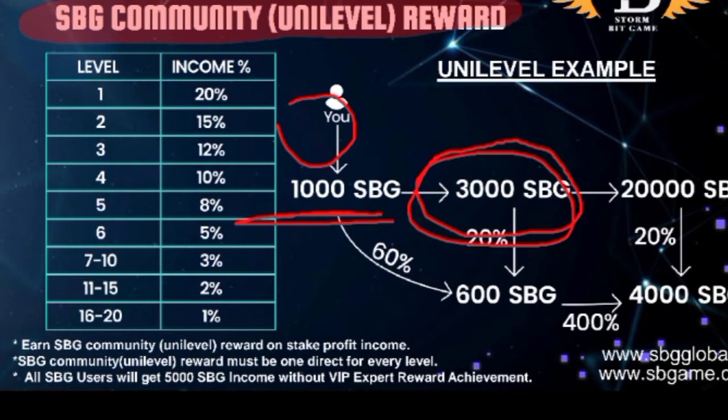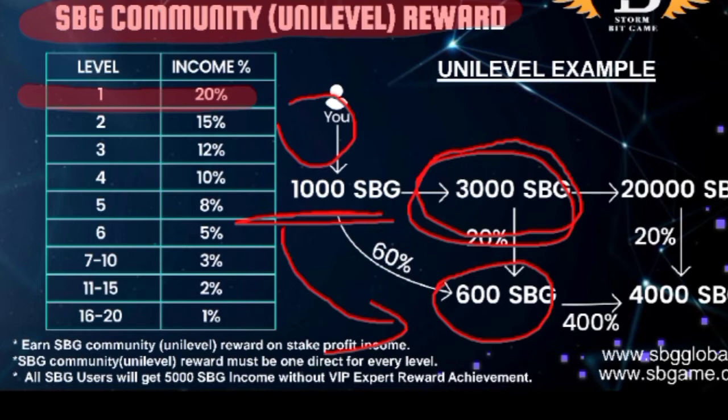You will receive 20% of his total profit, not only investment. You will receive 20% of his total profit, which is equal to $600. So if we estimate against his investment, you will receive 60% of his investment. That's incredible.